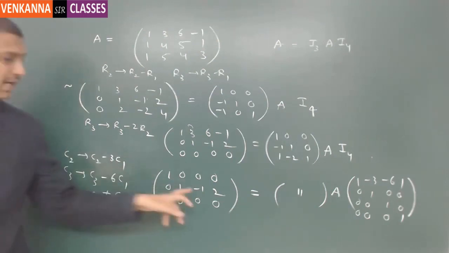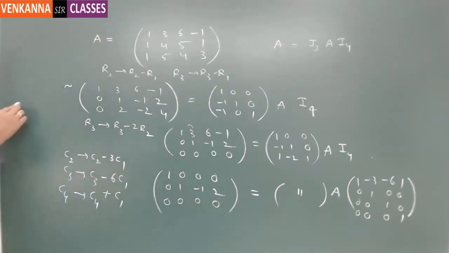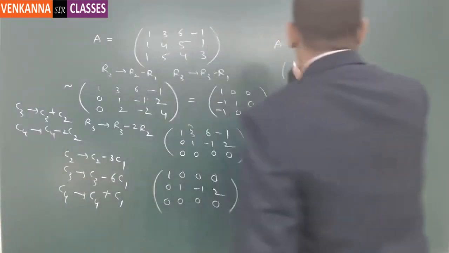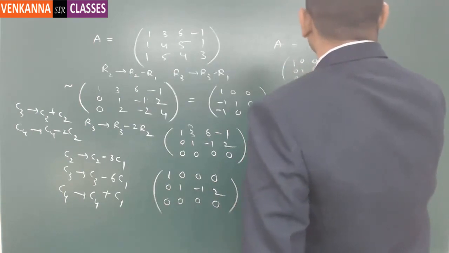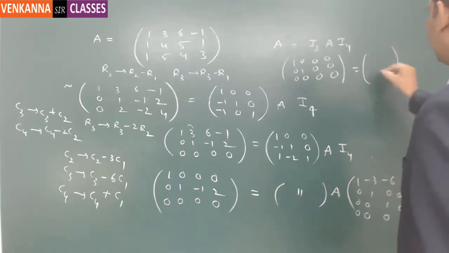Again, you need to make these two values 0. It is possible using this number. So C3 tends to C3 plus C2 and C4 tends to C4 plus C2. I mean C4 minus 2C2. Then it will come as 1, 0, 0, 0, 0, 1, 0, 0. And this factor will be as it is.